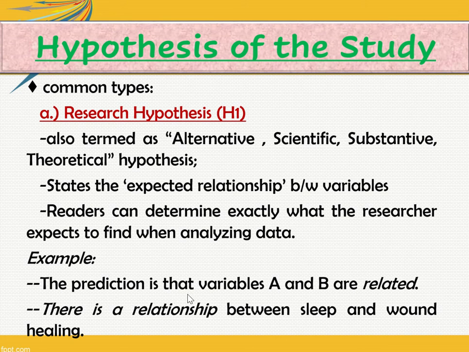Example, the prediction is that variables A and B are related. Or another example, there is a relationship between sleep and wound healing. So kapag research hypothesis, laging meron tayong relationship. Okay, there is always a significant relationship between two or more variables.